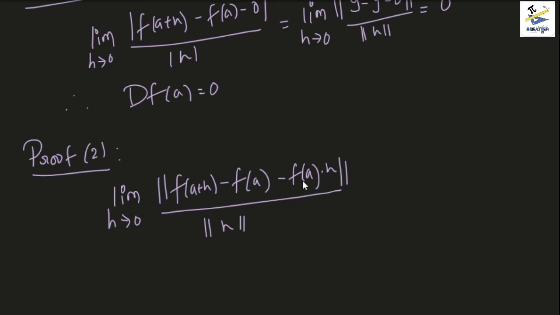So like this should be the answer that we are looking for, and it shouldn't be f of a into h, it's basically f of h. So we can cut this part down, because when you have the function f and the derivative df of a, df of a applied to h should be given by f of h. Because that is what we are trying to prove here.